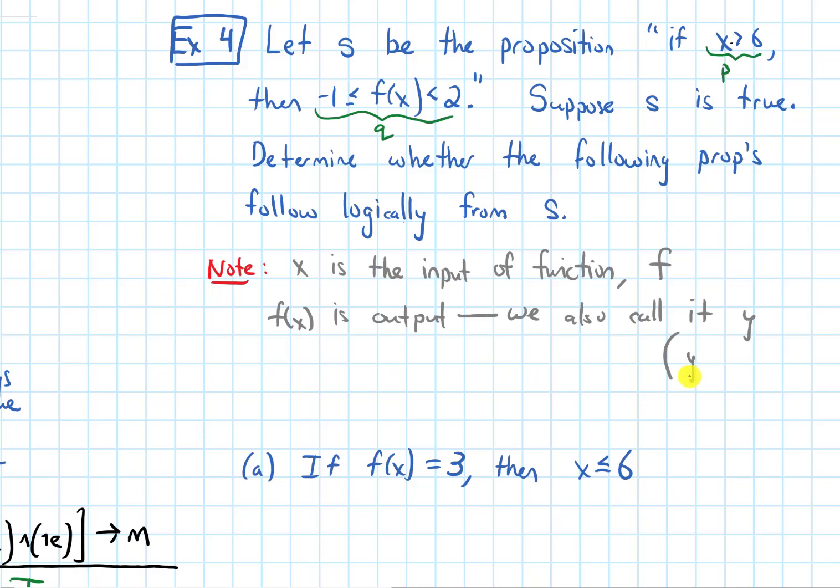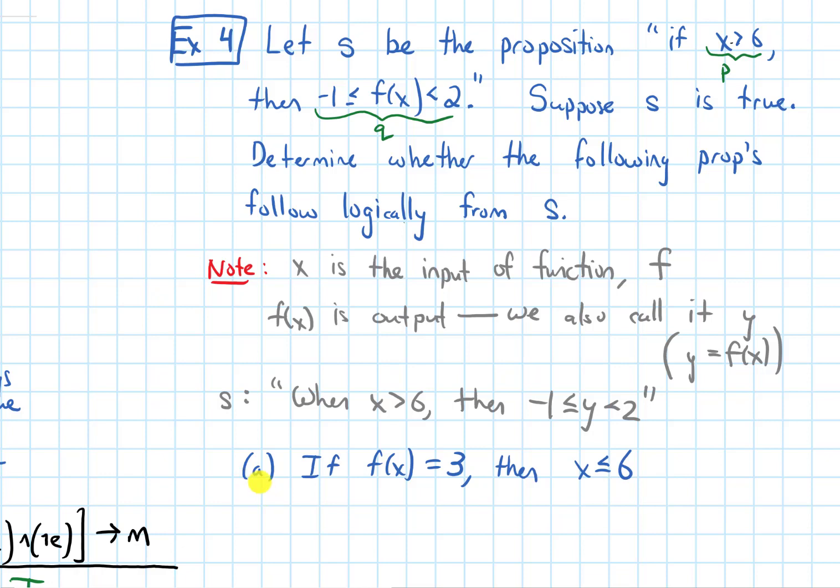So we could write y equals f of x. And if we did, the proposition S would read like, when x is greater than 6, then -1 is less than or equal to y is less than 2. So that's what this proposition is saying. When the x value is greater than 6, then the y value is greater than or equal to -1 and less than 2. Let's look at part A.